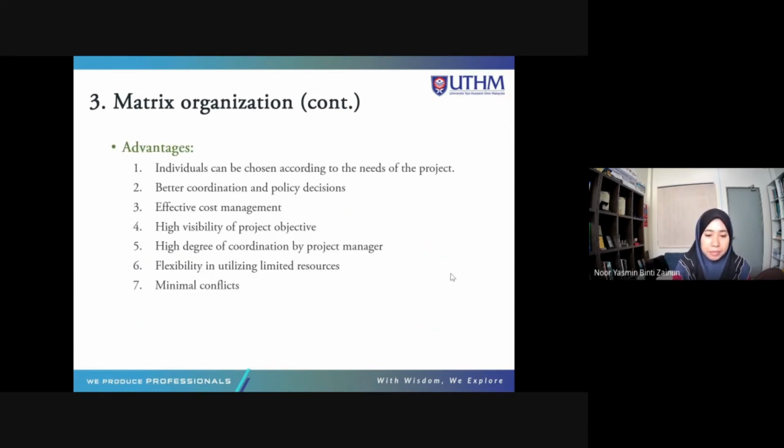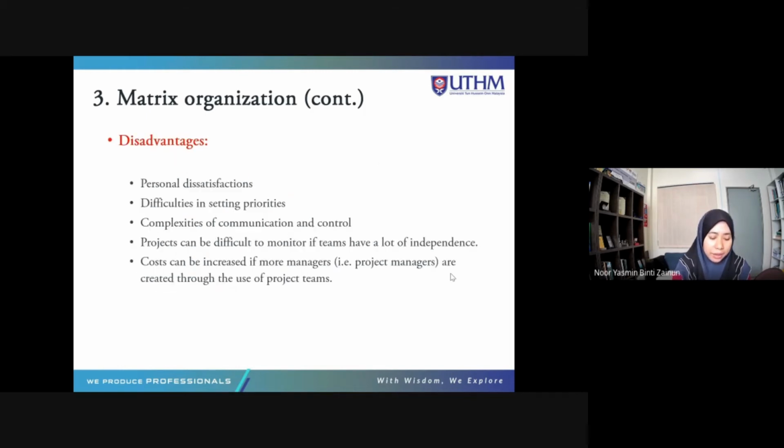Okay. So advantages, the individuals can be chosen according to the needs of the project, better coordination and policy decision, effective cost management, high visibility of project objective, high degree of coordination by project manager, flexible and minimal conflicts. However, we have personal dissatisfactions because you need to have approval from different functions, managers also.